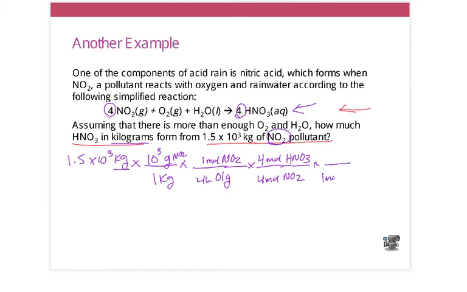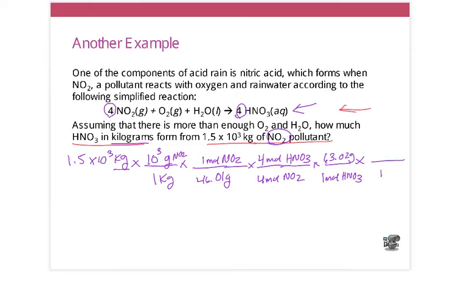We know for every 1 mole of HNO3, which is nitric acid, we have 63.02 grams. The problem is if we stop there, then we get our answer in grams, but we want our answer in kilograms. So we have to take it another step.